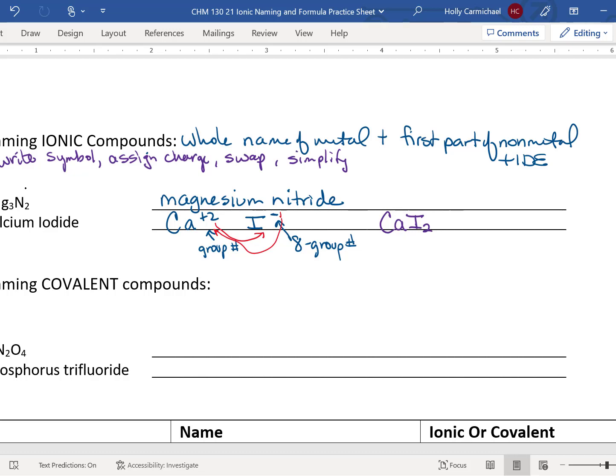All right, so now the rules for naming covalent compounds. Unlike the ionic, what would you say? You're going to use number prefixes.